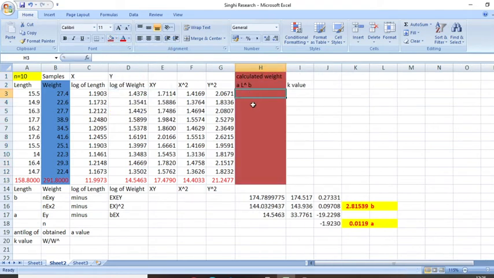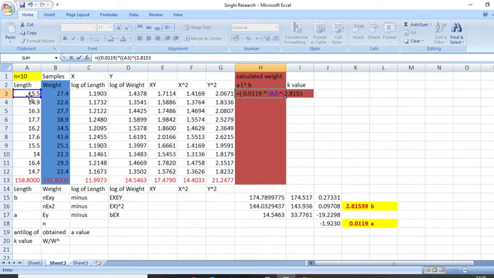For the calculated weight, open the brackets and feed the a value, that is 0.0119, close the bracket, into, again open the bracket, the length corresponding to this particular fish, then to the power of the b value we estimated, that is 2.8153.